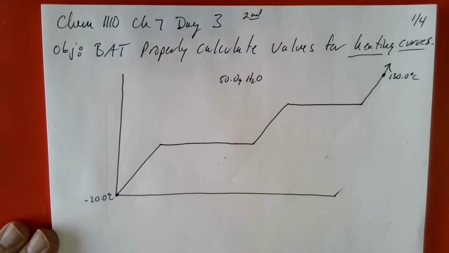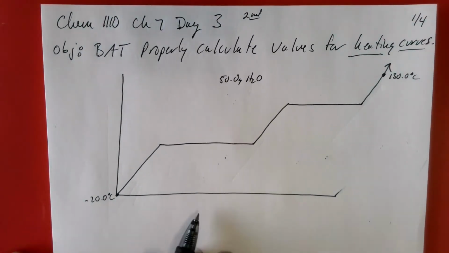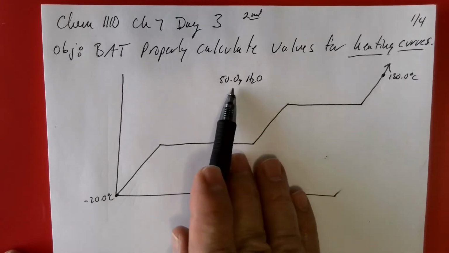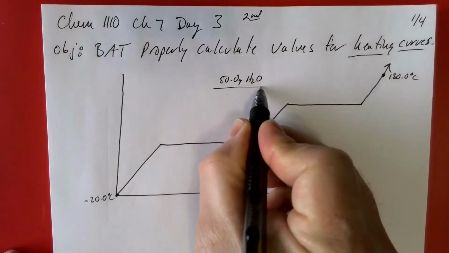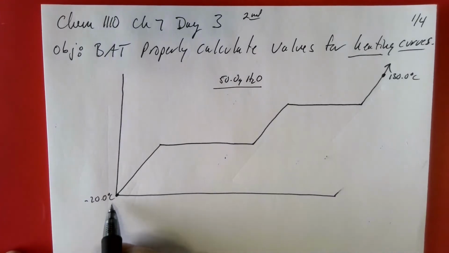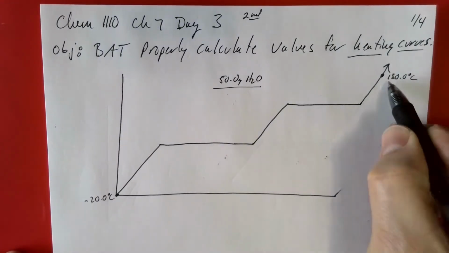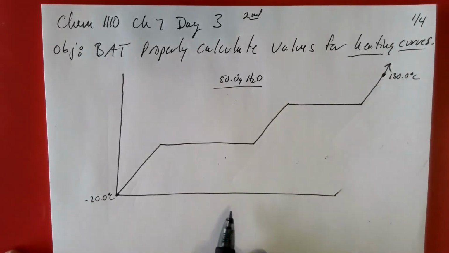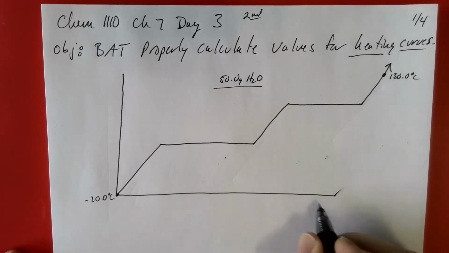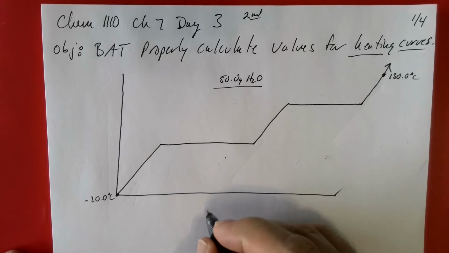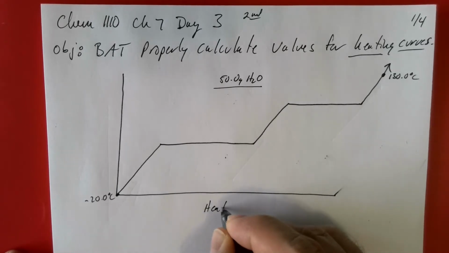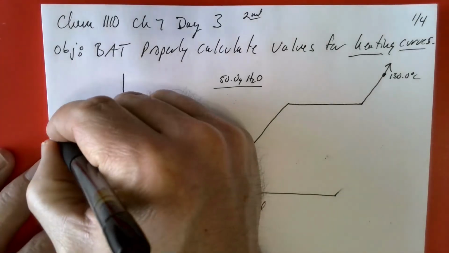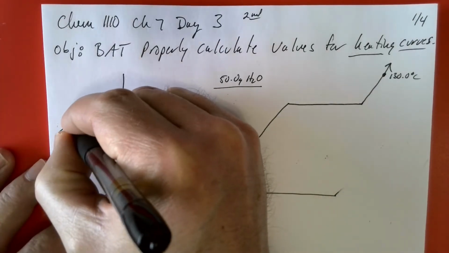We're going to calculate the amount of energy needed to take 50 grams of water from negative 20 degrees Celsius up to 130 degrees Celsius. Across the bottom, basically the x-axis, is the heat added. Up the side is my temperature.